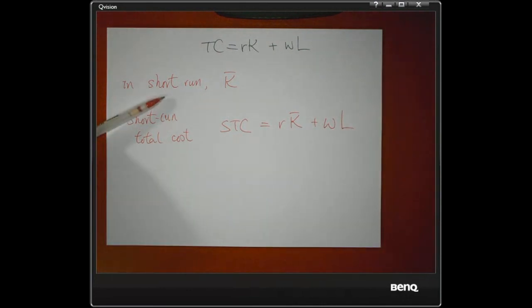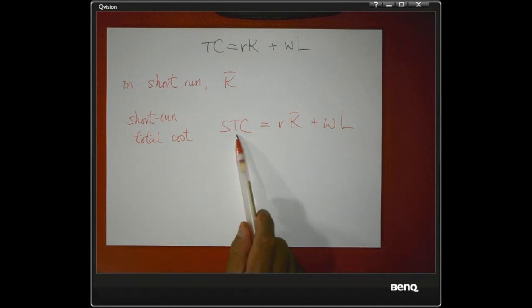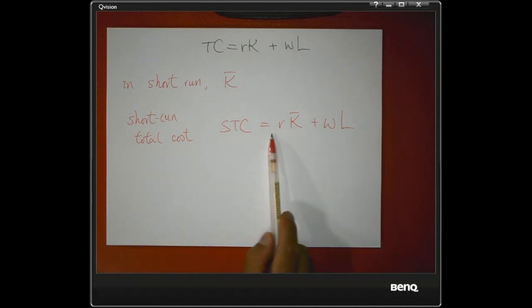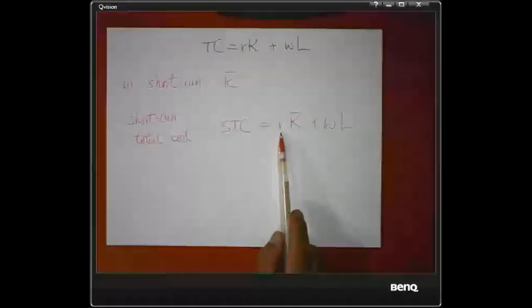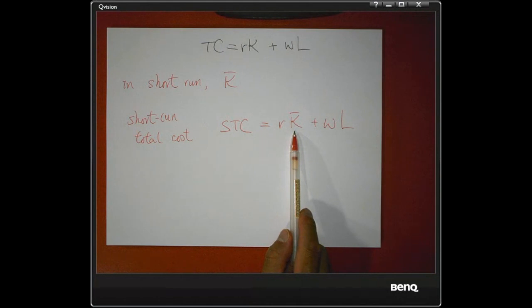In the short run, the factory size is fixed. And therefore, the short run total cost is equal to the cost per unit of capital multiplied by the fixed factory size in the short run.